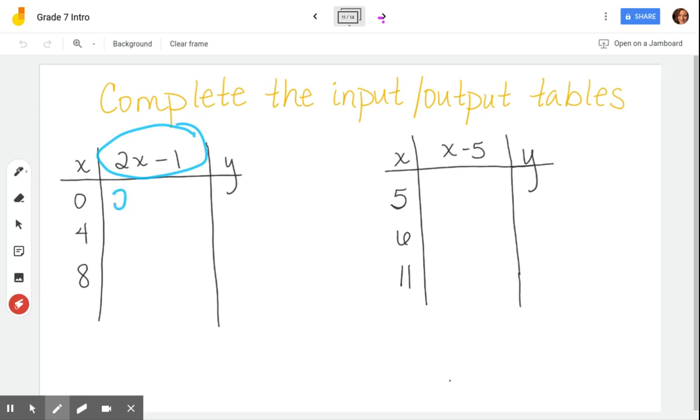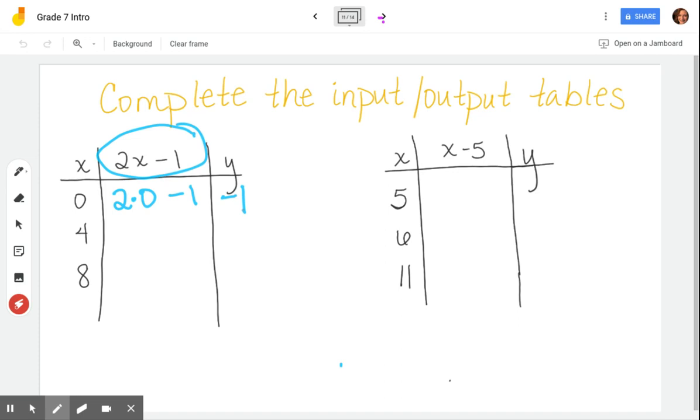So I'm going to do 2 times 0 and then minus 1. 0 minus 1. Now, I know we haven't done negatives yet, but we can do this. If I have no money and I try to pay $1, I'm going to be $1 short. So I'm in the hole, -1.